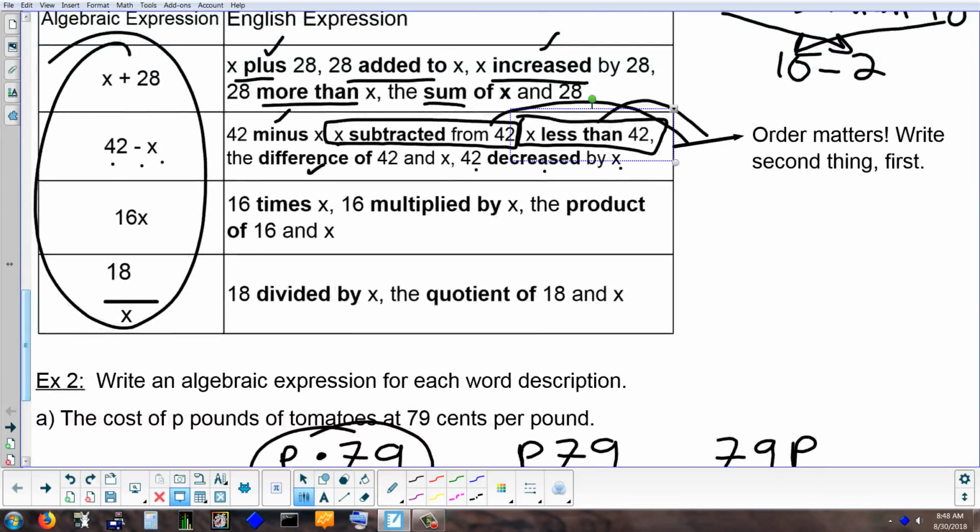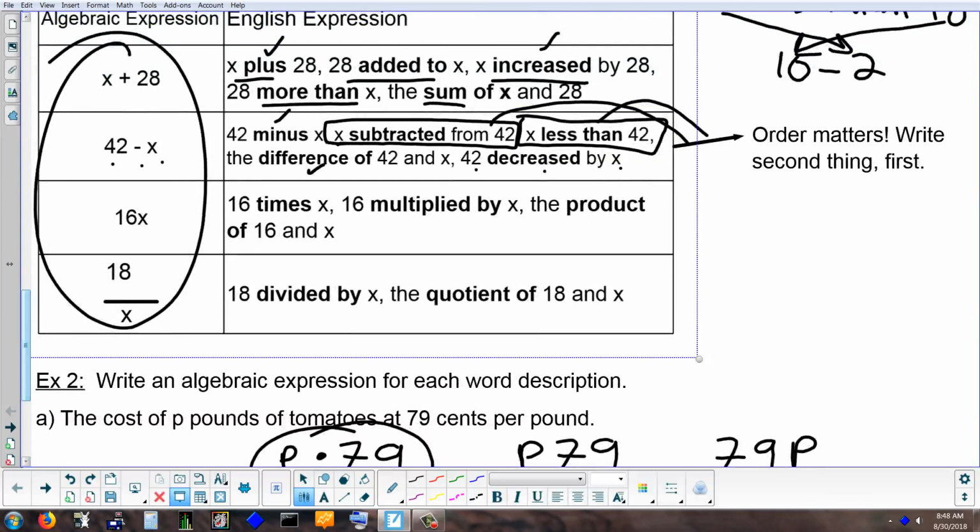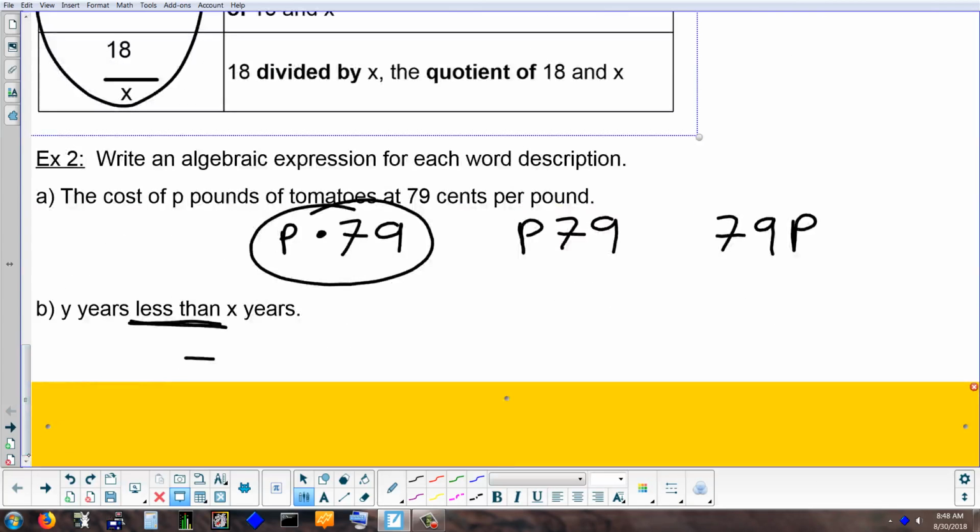Whenever the box is around it, here x was first, 42 is at the end. But look at the way we wrote it here. 42 is not at the end. So this is one of the ones where the order is backwards. How do you think we're going to write y years less than x? Yeah, x minus y.